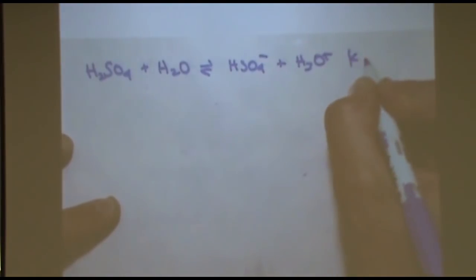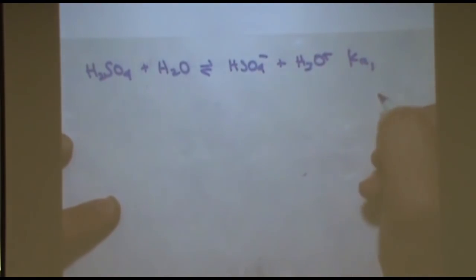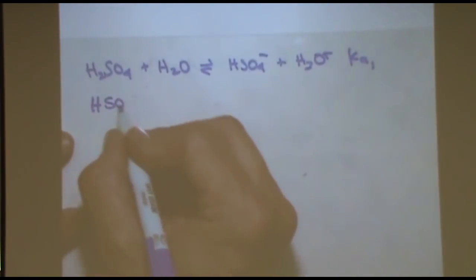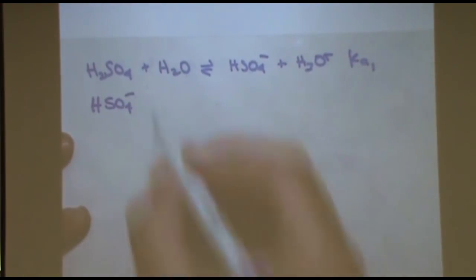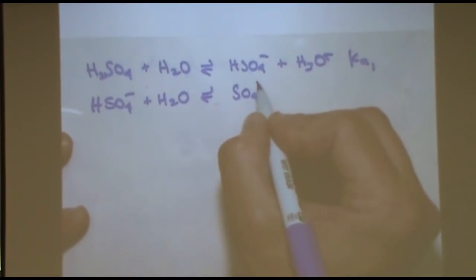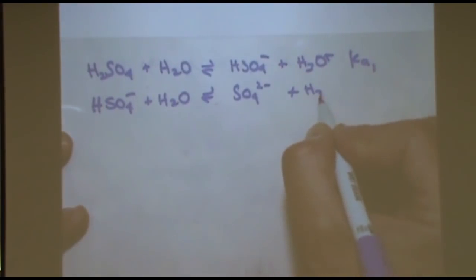You should be able to identify this as Ka1. And then you should be able to take the product and do the same thing again. So you take the bisulfate ion, add water, go to sulfate 2 minus plus H3O plus.